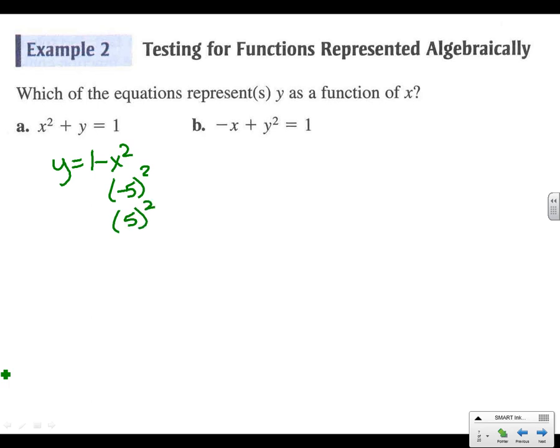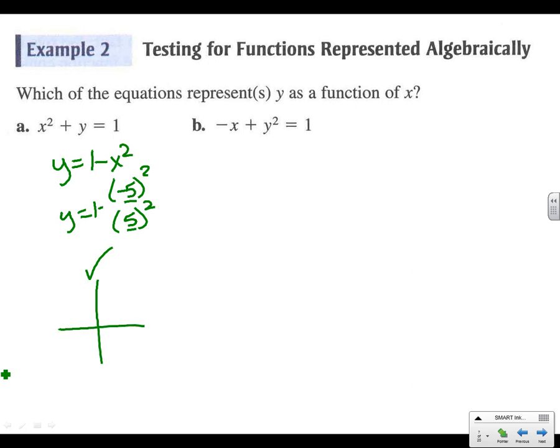But since x is my input, no matter what happens, if I have a different input, 5 or -5, I can only get one answer. Y equals whatever the answer is. So that's allowed. We could check this graphically also.